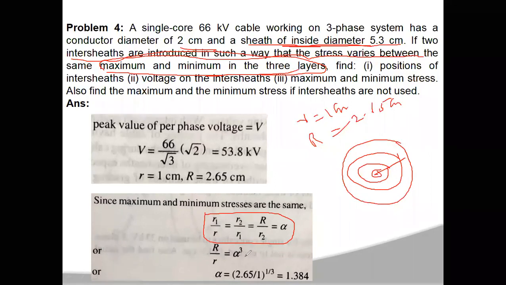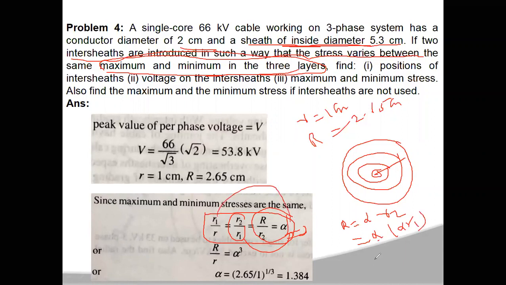So from this condition, capital R by r will be alpha cubed. From the first two, R will be equal to alpha into R2, and from the next, R2 will be equal to alpha into R1. That means R2 value will be alpha into R1. And if you consider the other two, R1 value is alpha into r.